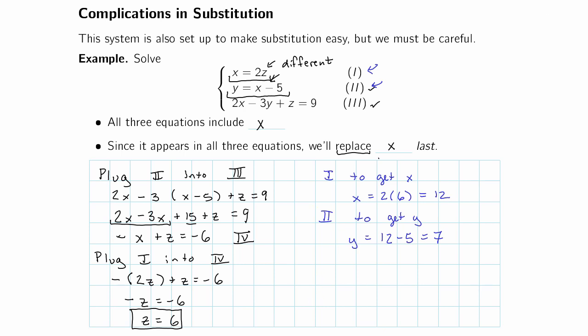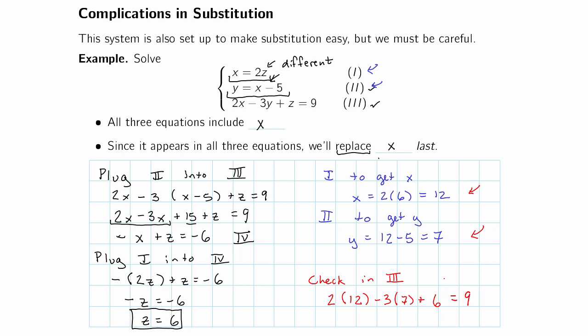I'm going to check that in 3. I'm not going to make a mistake at this step or this step, but I might have made a mistake earlier. So 2x, x is 12, minus 3y, y is 7, plus z, z is 6.